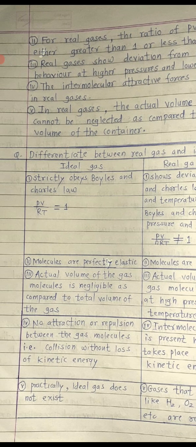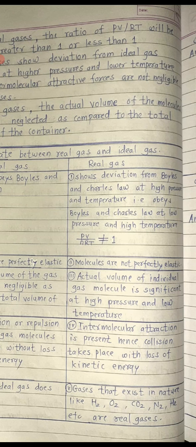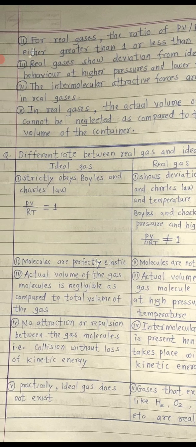Third point: in ideal gas, the actual volume of the gas molecules is negligible as compared to the total volume of the gas, and in real gas, the actual volume of individual gas molecules is significant at high pressure and low temperature. That is point number 3.